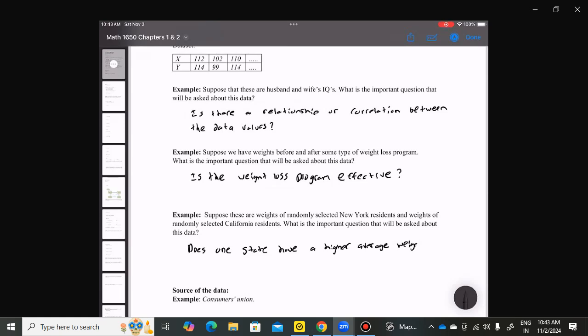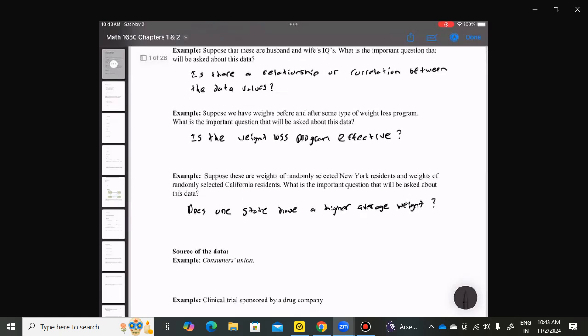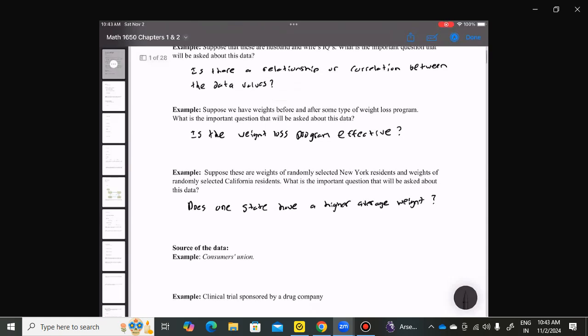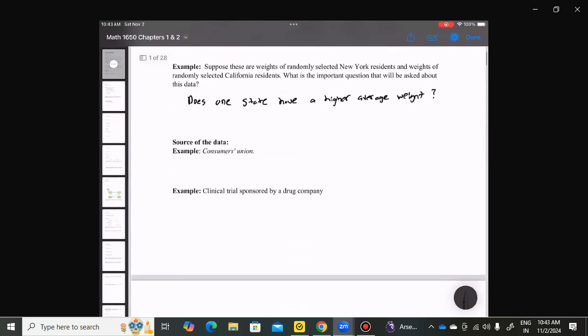Maybe one of the states introduced some kind of diet plan that became big, and we wanted to see if it actually had an effect on weights in that state. I don't know. There's more analysis that will go into this. These aren't the only questions we would ask, but it's a start of looking at context behind values.